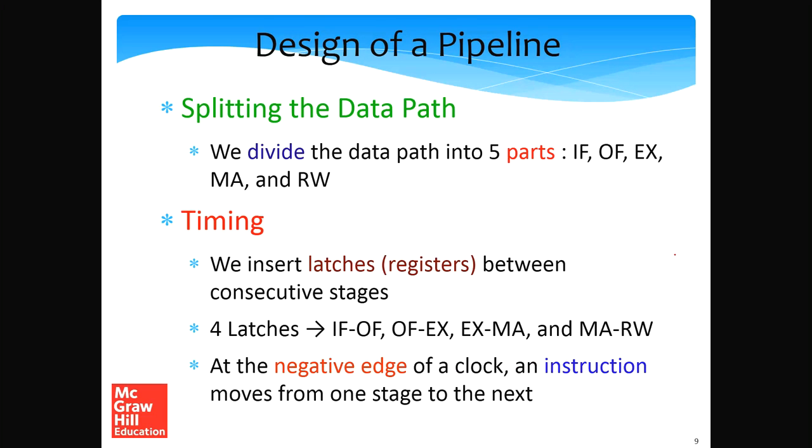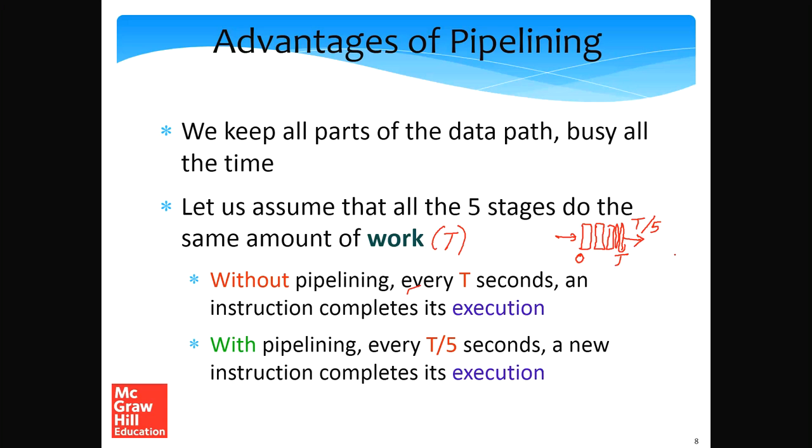All right. So that's the basic idea, that is where the expected speed up will come from. That it can process more instructions at the same time, and also if we are looking for an observer who is looking at a pipeline processor from outside, every t by 5 seconds a new instruction is coming out. So I'll just go back to that diagram.